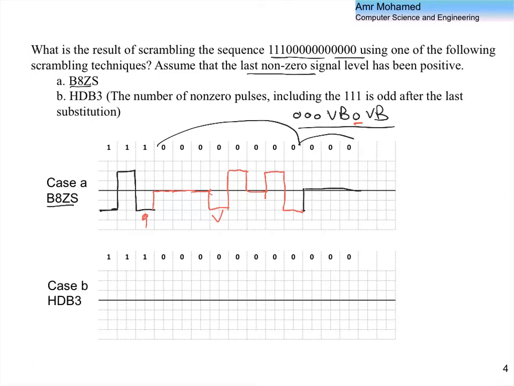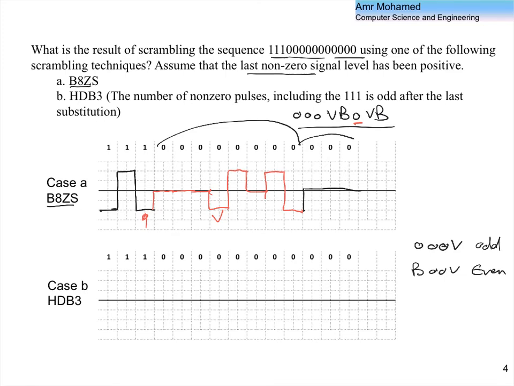Clear? Okay, for the second case, the HDB3, it tries to be more conservative, as we said before. And in that case, the substitution works as follows. We have 0 0 0 V: for each 4 zeros we substitute by V. And this is for the case when the number of ones before, or the number of non-zero signal elements, is odd. And it becomes B 0 0 V when it's even.